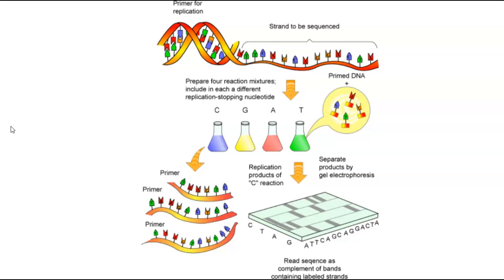So this is just an image of what I was just talking about, to help you visualize what's happening. You have this primer, right, that's going through replication, and you are separating the strand of DNA, and you end up with a regular strand of DNA ready to be replicated as normal. And you add in the replication stopping nucleotides, one for each letter, right?